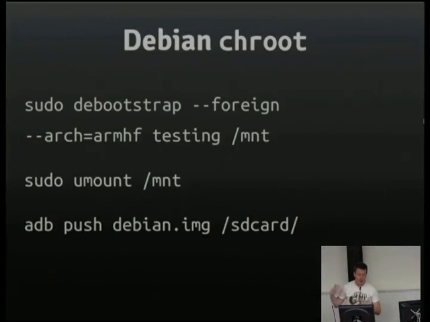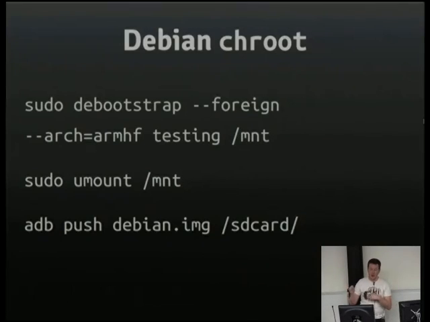You can run debootstrap. --foreign is the most important part of this, because debootstrap will download all of the base packages for a Debian install, put them into a directory, and do some initial setup. So there are two stages: the download and unpack, and then the actual configuration. The download and unpack will work no matter what architecture you're targeting.